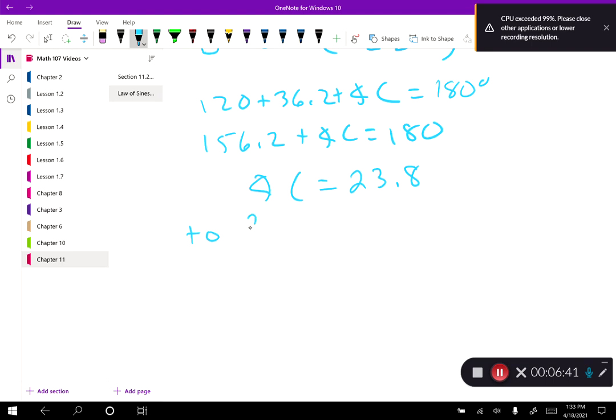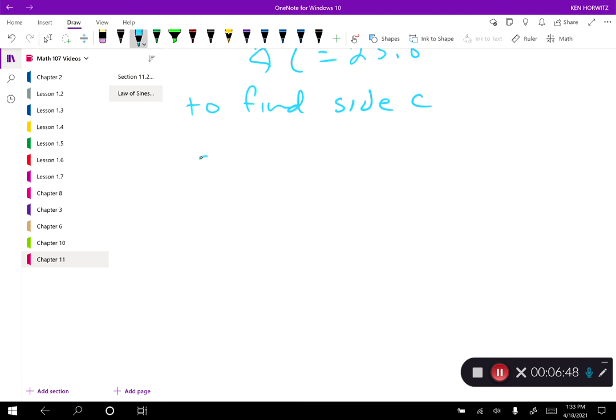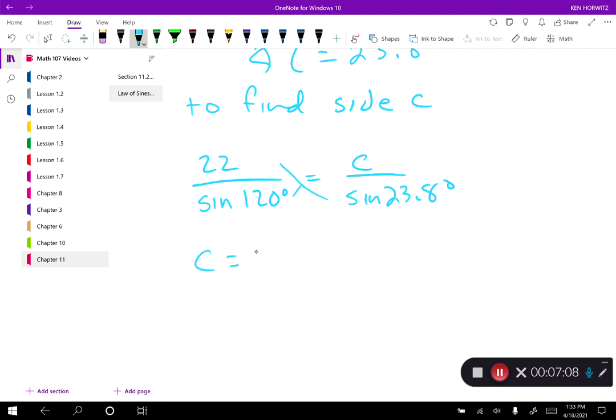All right, so now we're going to find side C. To find side C, we're going to do 22 over sine of 120 degrees equals side C over the sine of 23.8 degrees. We're going to cross multiply and divide. So I get C equals 22 sine of 23.8 over the sine of 120.